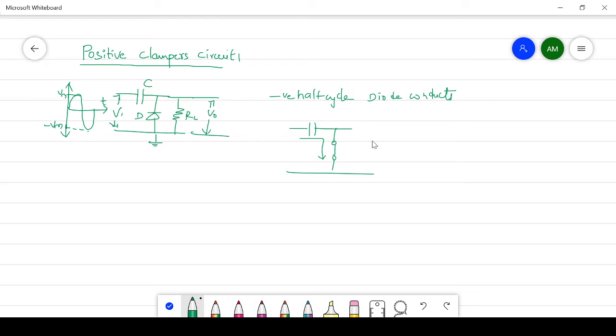There is no signal across the output terminal, so Vo equals 0 volts during the negative half cycle of the input signal.